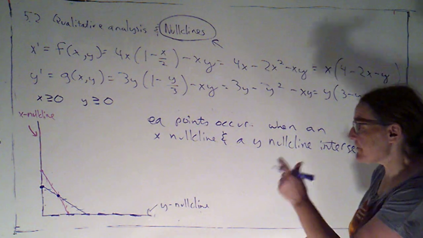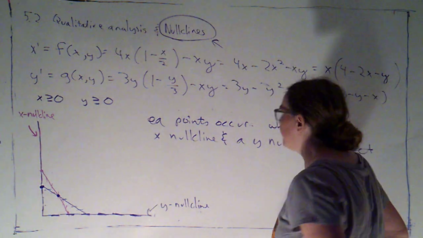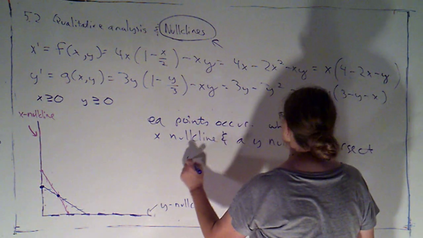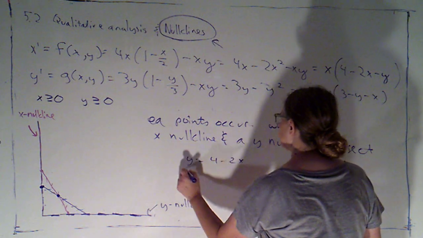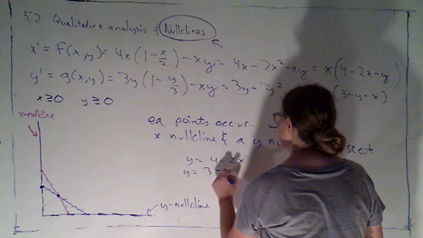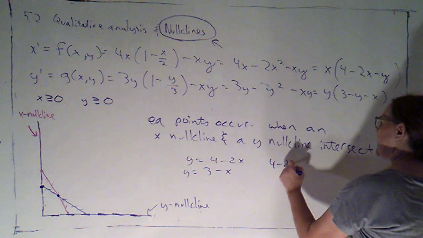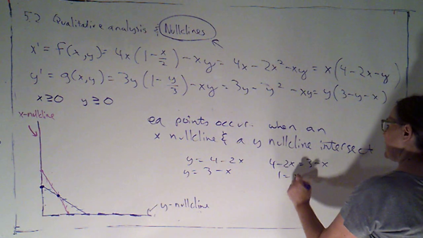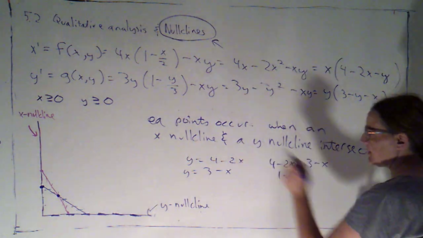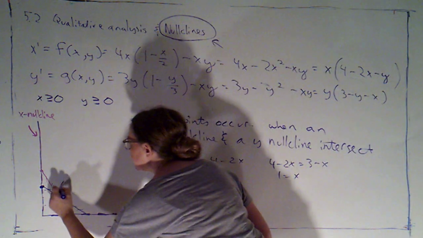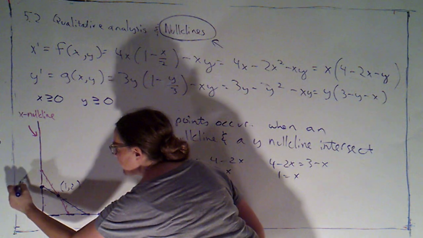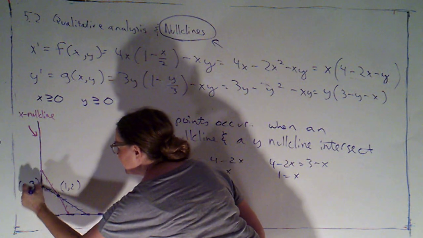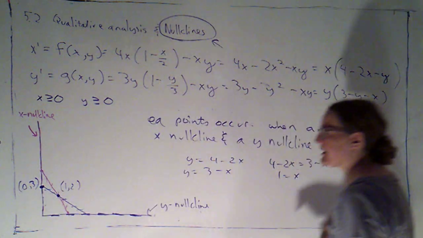Now, if I wanted to find that, because that's an equilibrium point, I would just say, okay, so y equals 4 minus 2x, and y equals 3 minus x. So 4 minus 2x equals 3 minus x, 1 equals x, and then I plug into either equation and get that y is equal to 2. This point, of course, was the y-intercept of this line right here, so that was 0, 3.